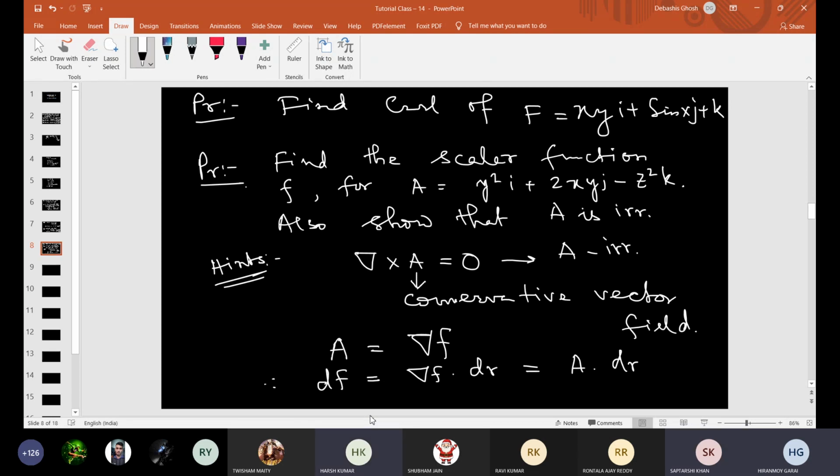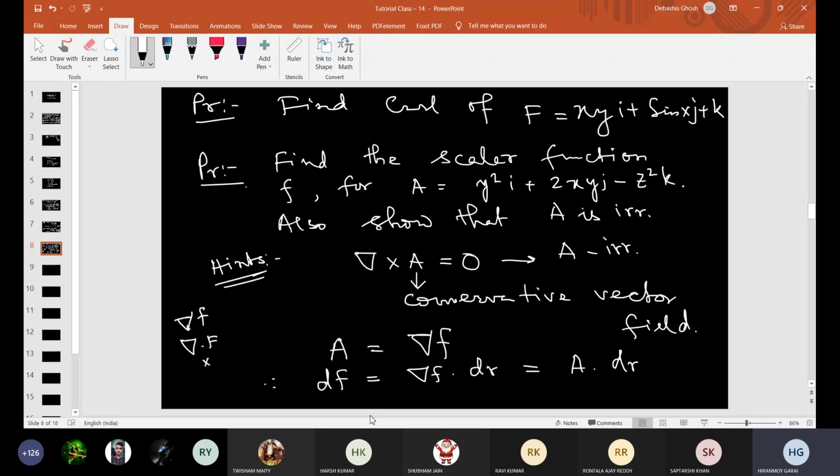Sir, the f is a scalar function, so how can we take the gradient of it? Gradient is only done for scalar valued functions. Gradient is an operator on your scalar valued function. If you consider a vector operator acting on a vector valued function, then we have two types of operation: one is divergence, which is a dot product, and another is curl, which is a cross product.